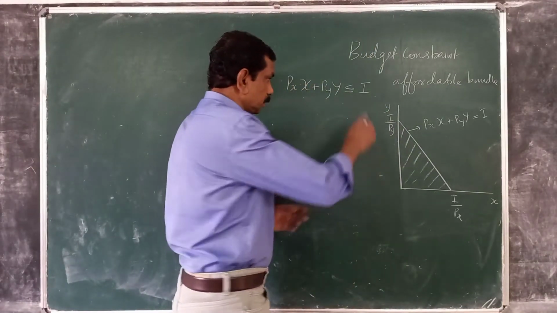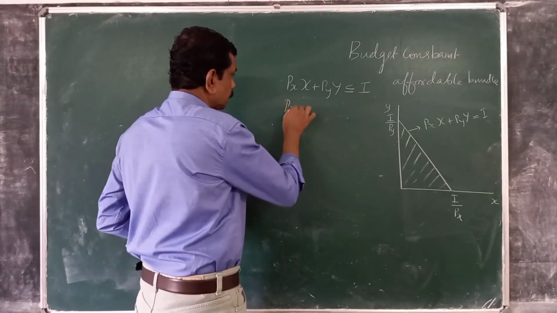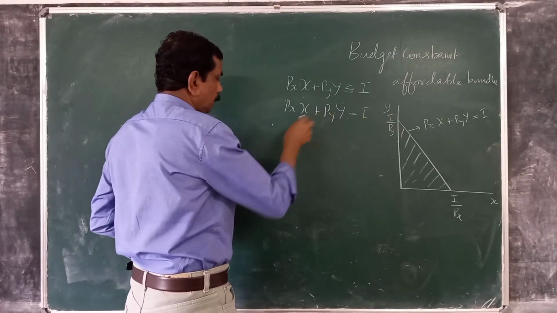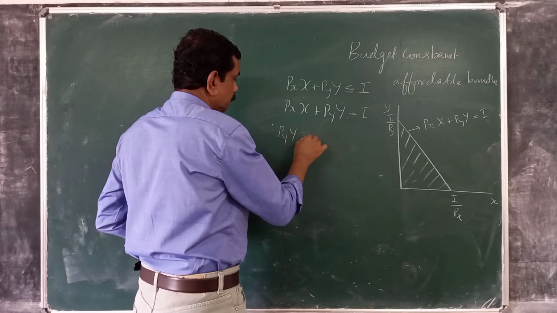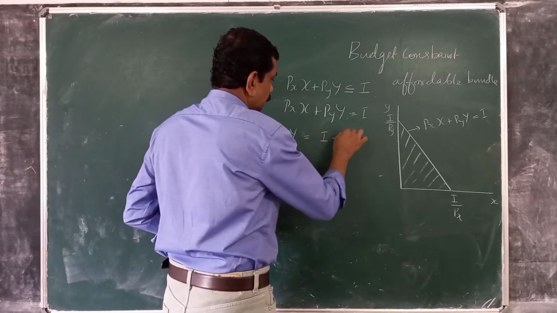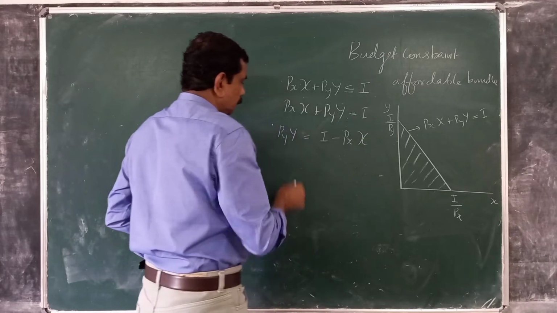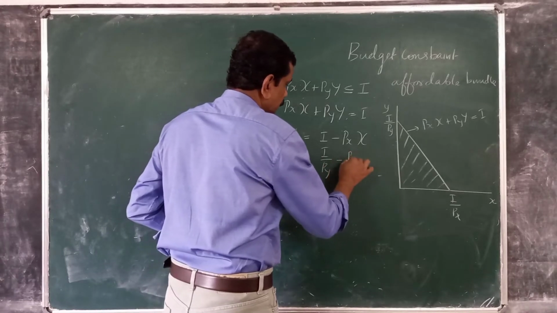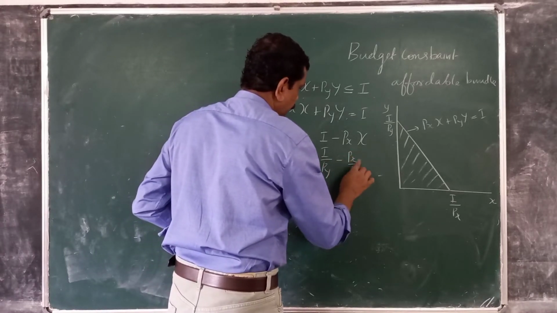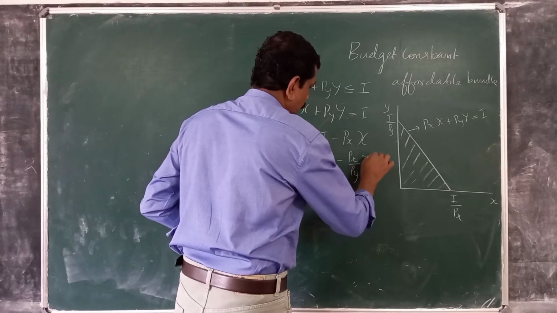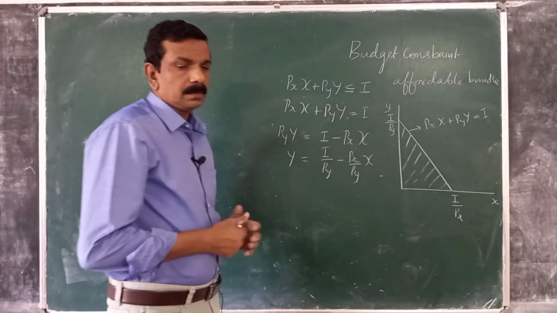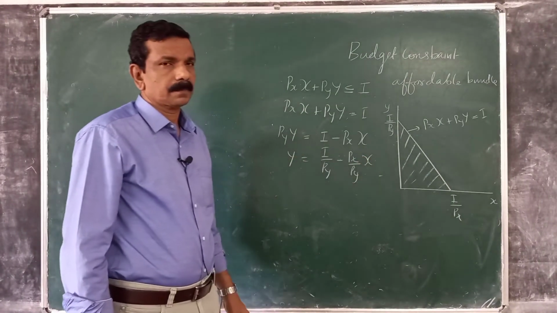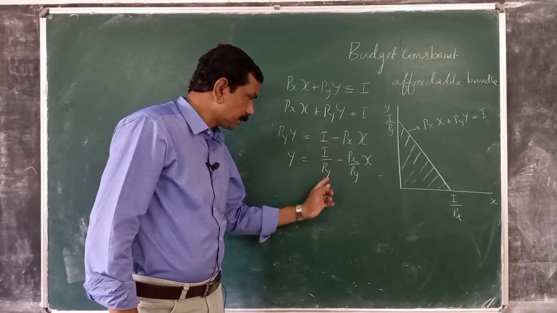Now we rearrange this equality. Px into X plus Py into Y is equal to I can be written as Py into Y is equal to I minus Px into X, so that Y is equal to I by Py minus Px by Py into X. And you know that this is the equation of a straight line with the y-intercept I by Py.